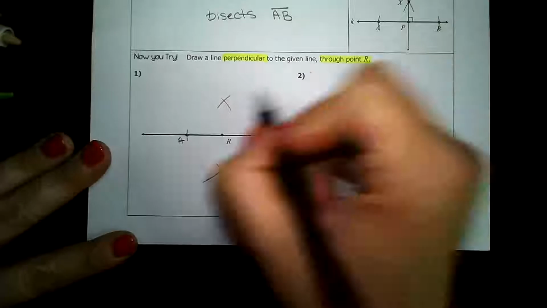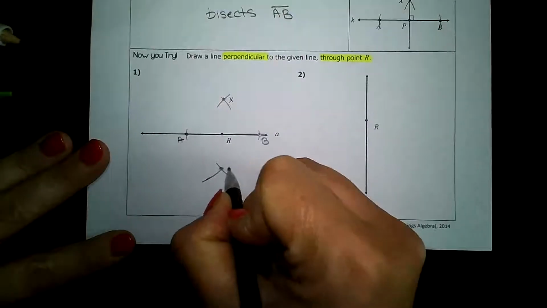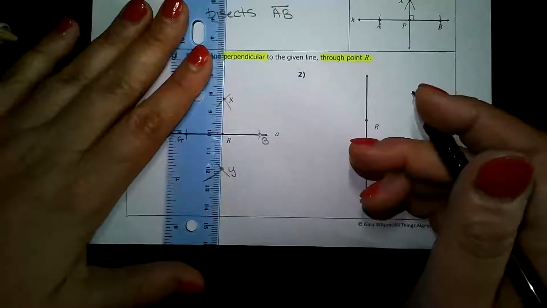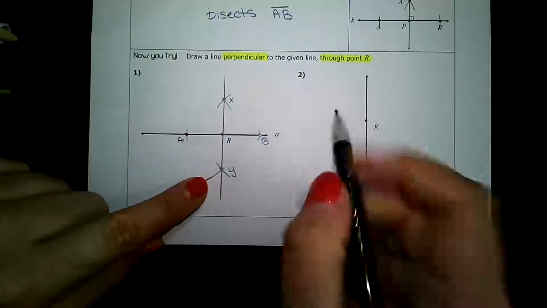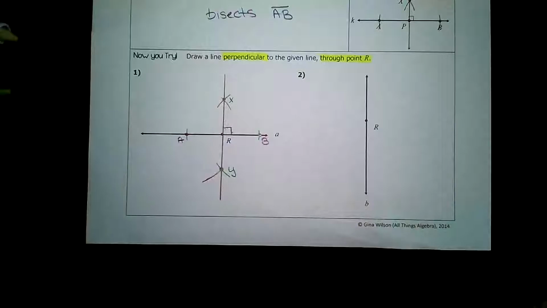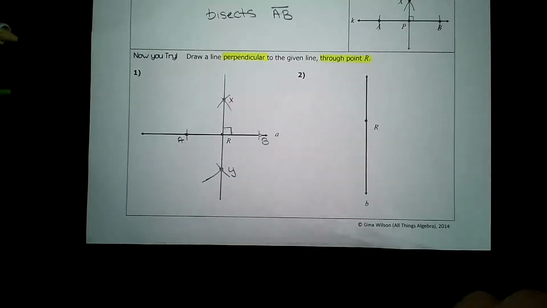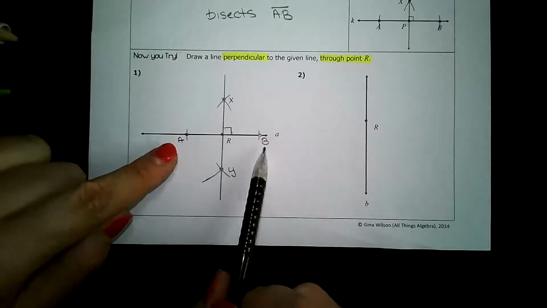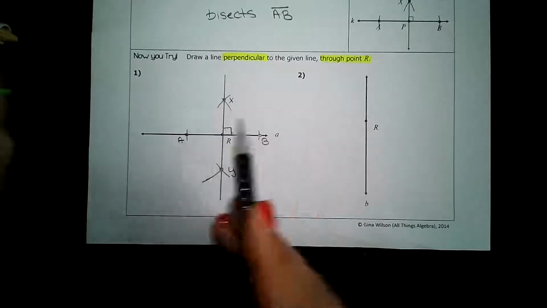To be consistent with the notes, I'm going to call this intersection X and this intersection Y. And when I connect X to Y, my line will pass right through R, and it'll be a 90-degree angle. If I skipped that very first step of creating A and B, then this whole thing would be off center somewhere.